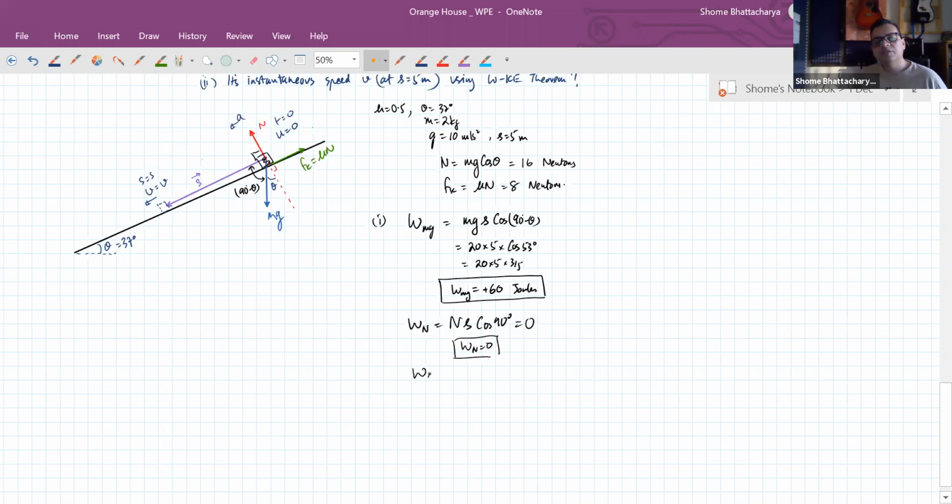And the work done by friction will be kinetic friction into s into cos 180 degrees. So that is negative of kinetic friction into displacement.